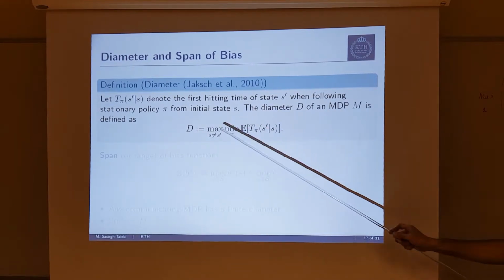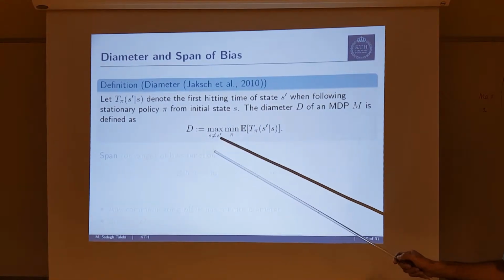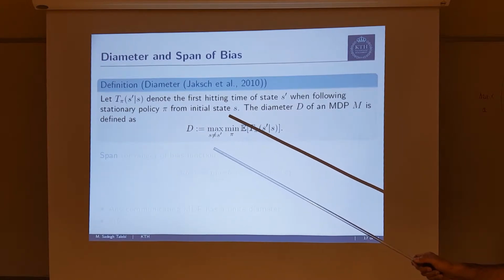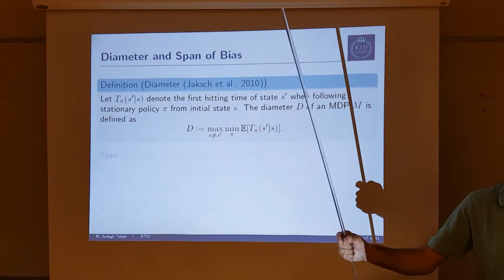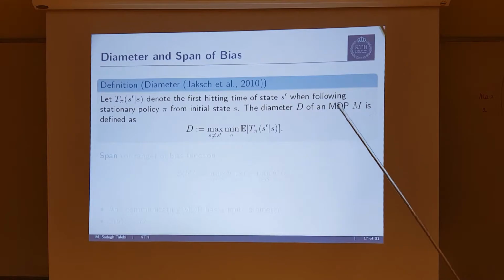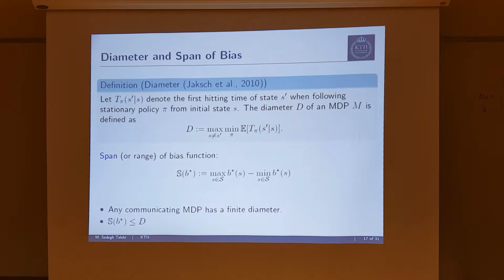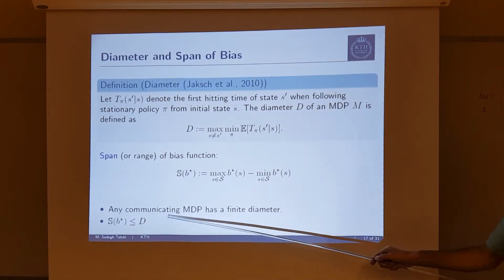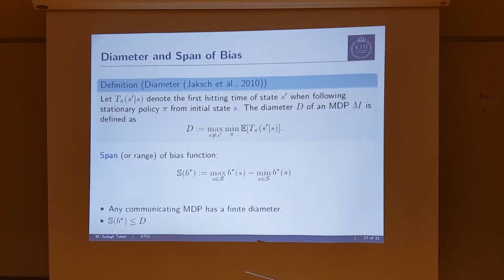And if you take the maximum over all pairs of states, this would be the worst traveling time, and we call this the diameter. And it makes sense, right? So we have this fact, not surprising, that any communicating MDP has a finite diameter.